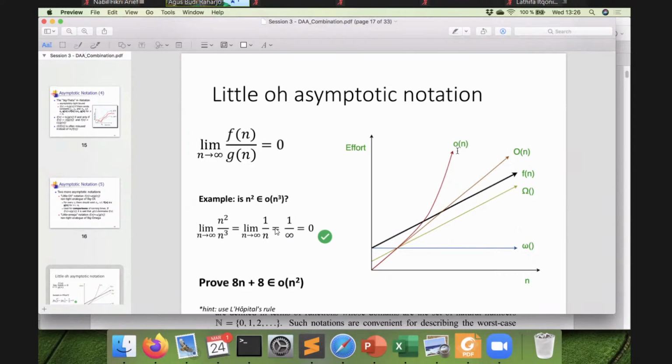On the other hand, this one, little o, you see over here, creates a very wide distance, and it gets wider with the increasing number of n.